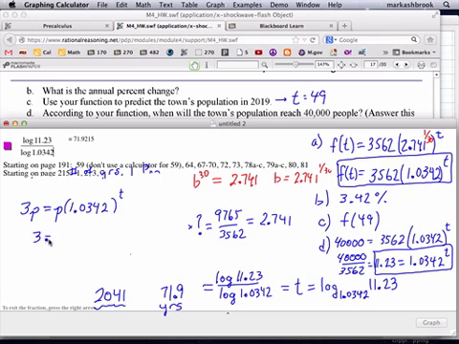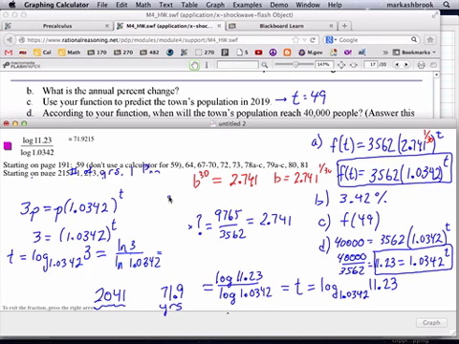So dividing both sides by P, we get 3 equals 1.0342 to the t. T is the exponent of 1.0342 that would give 3. Change of base, let's use ln this time. ln of 3 over ln of 1.0342.